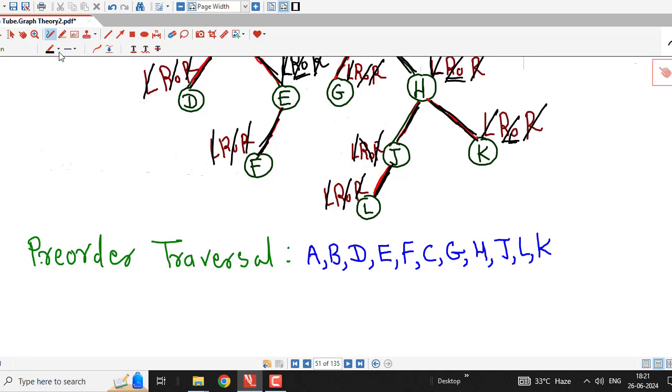So that we can write here in-order traversal.